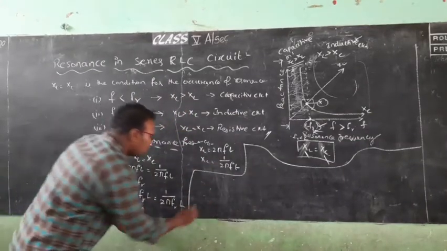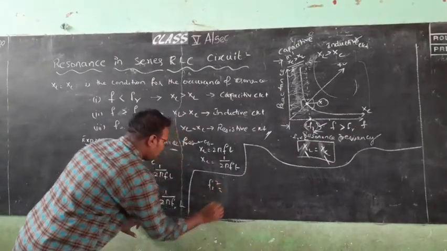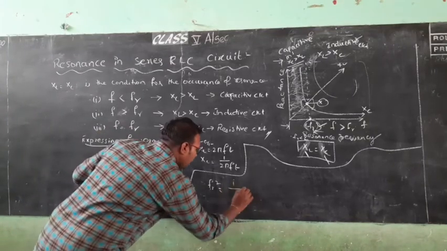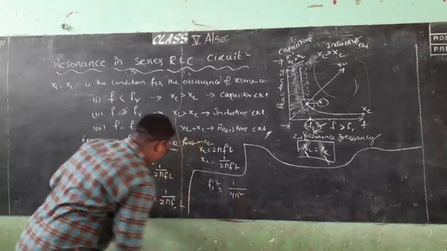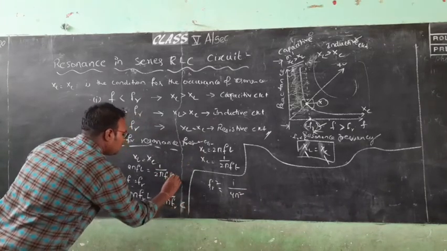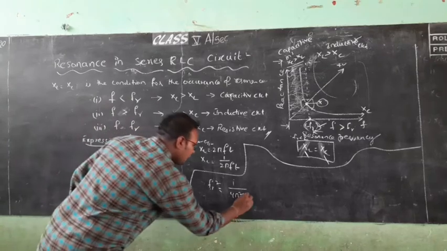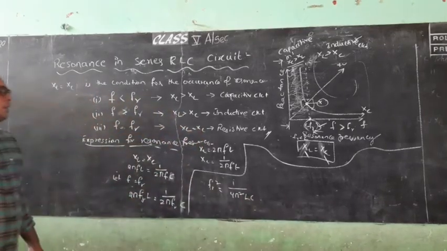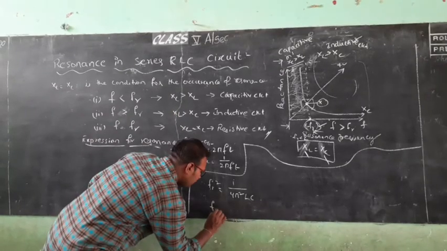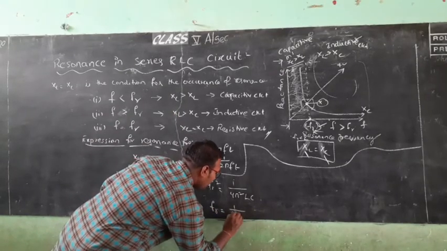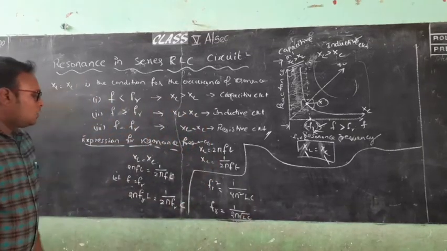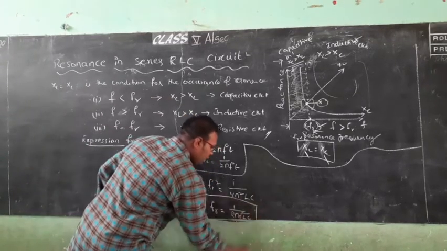From this, Fr square is equal to, shifting all the Fr terms here and the remaining terms here, 1 by 4 pi square LC. Let us take the square root on both sides. So Fr is equal to 1 by 2 pi square root of LC. This is the expression for the resonant frequency.